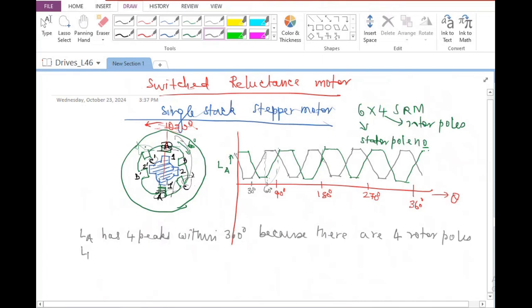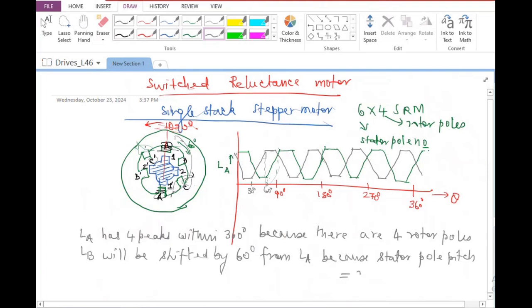And LB will be shifted by 60 degrees from LA because the stator pole pitch is equal to 360 degrees divided by 6, which is equal to 60 degrees.